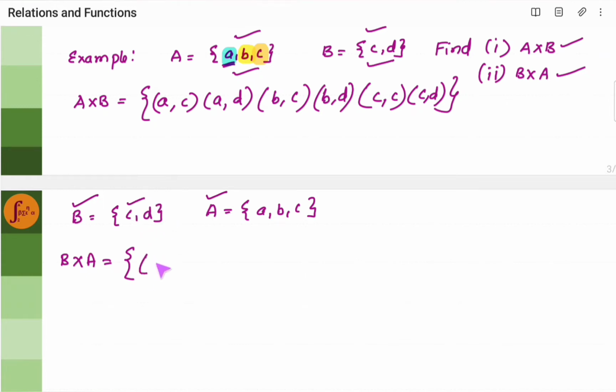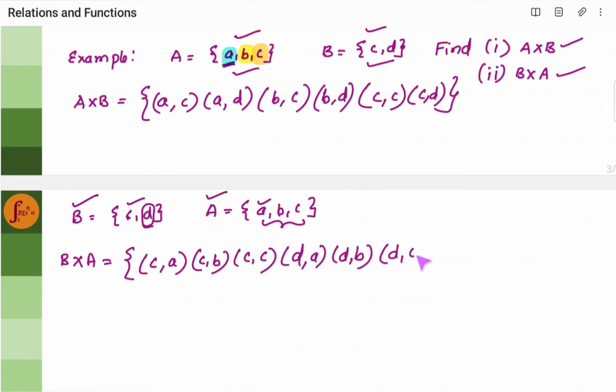We'll take the first element c: (c, a), then (c, b), then (c, c). Now we'll go to the next element d, and pair d with all these elements: (d, a), (d, b) and (d, c). So we have covered both the elements from set B and paired them with all the elements of set A. So this is B cross A.